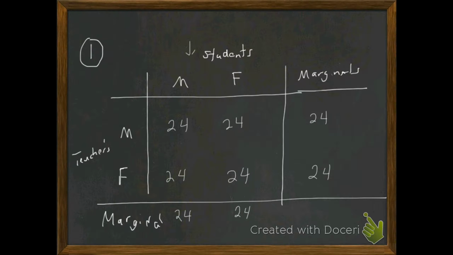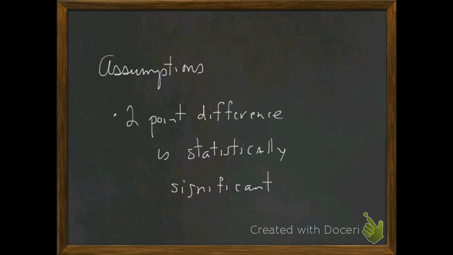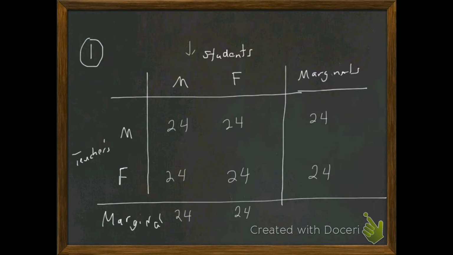So in this situation, again, very important, let me point this out: one of the assumptions, a 2-point difference is statistically significant. So we don't have any statistical significance here in the teacher or across student. Moreover, we have no indication of a statistically significant difference breaking down gender of the teacher and gender of the student.